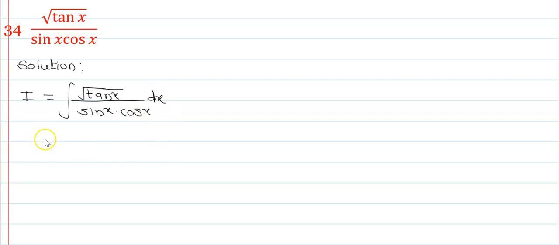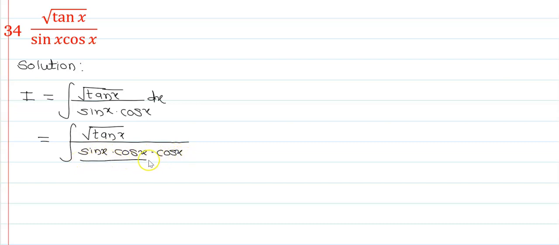For this type of integration, we multiply the numerator and divide the denominator by cos x. Root of tan x divided by sin x into cos x, multiply and divide by cos x, into dx.